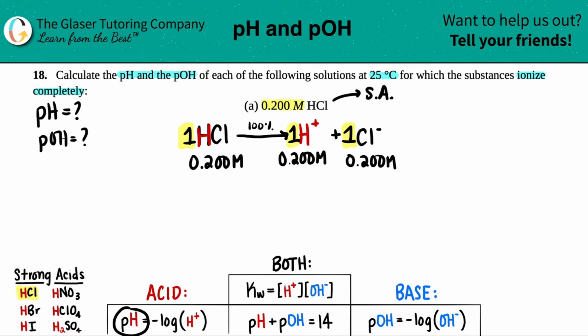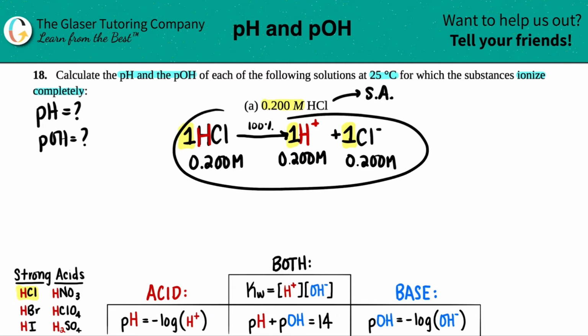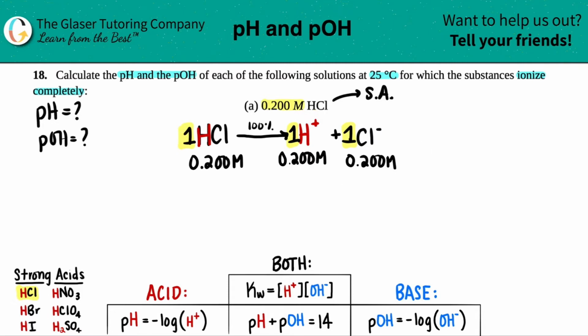If I want to find the pH, all I have to do is take the negative log of that H plus. Do we now know what the H plus concentration is? Yes, we do. This is it. 0.200 molarity. I don't care about this, and I don't care about this. This is the only thing I care about.